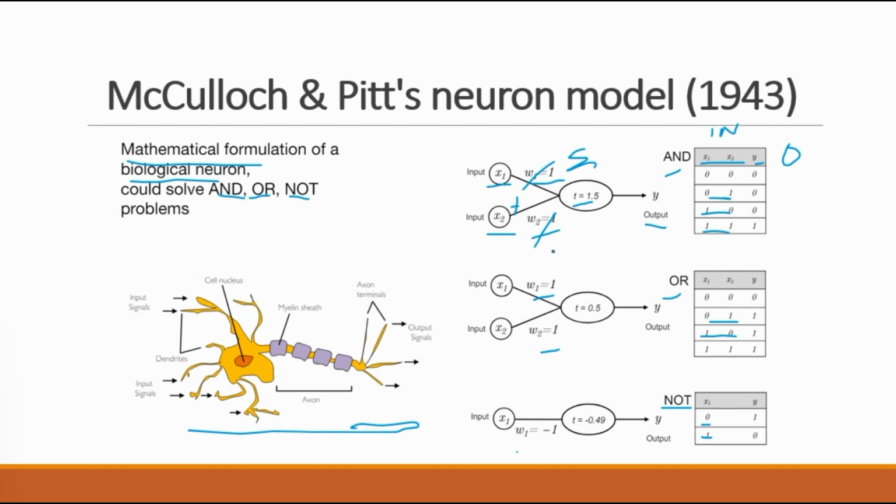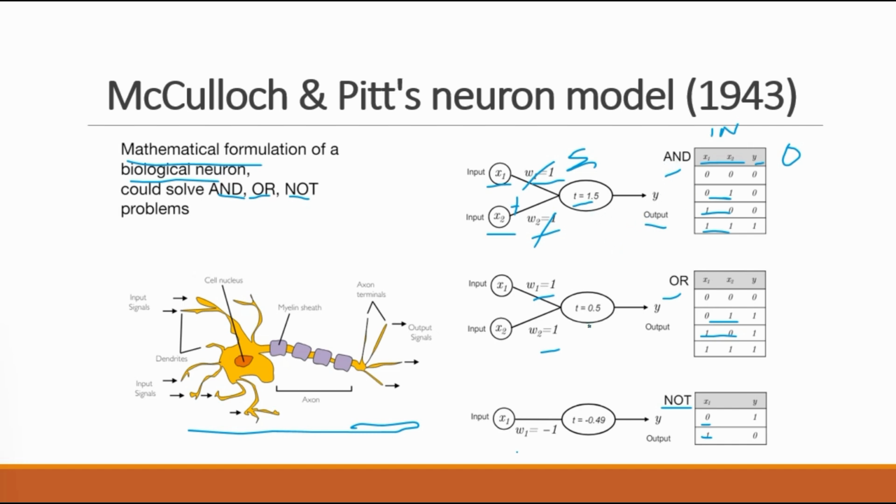I don't want to spend too much time here, but if you like, you can plug in different values like 0 and 0, 1 and 0, 0 and 1, and 1 and 1, and see what the sum x1 plus x2 is, and see whether it's bigger or smaller than the threshold. Then you can realize that this will be implementing an AND function.